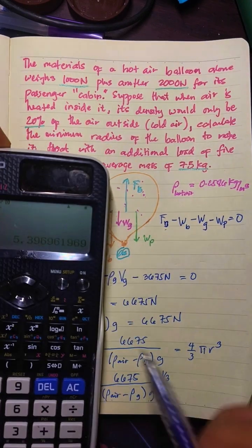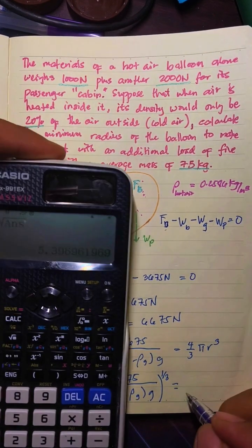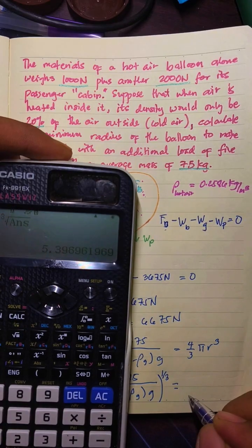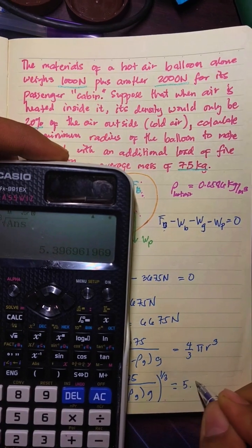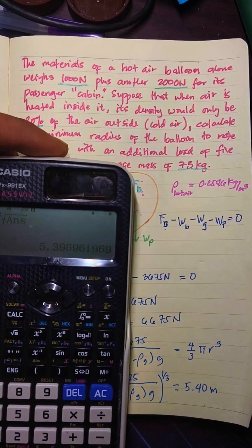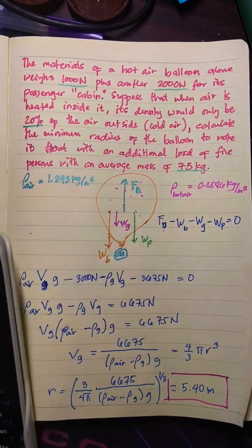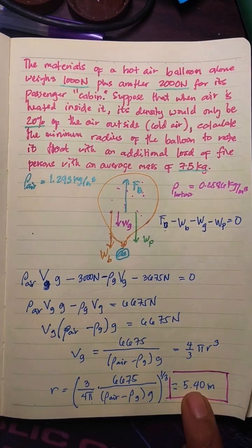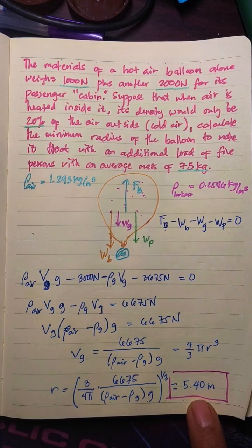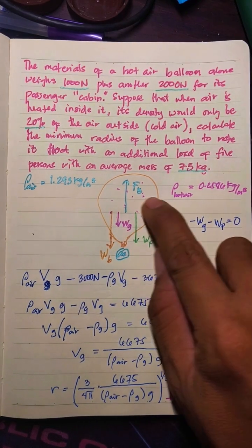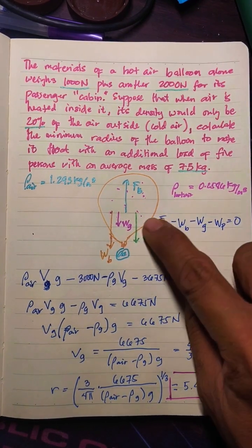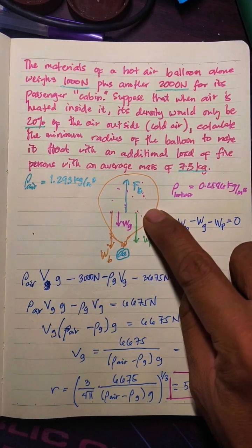So the answer will be around 5.40 meters. That will now be our radius, meaning that by diameter, our hot air balloon is more than 10 meters.